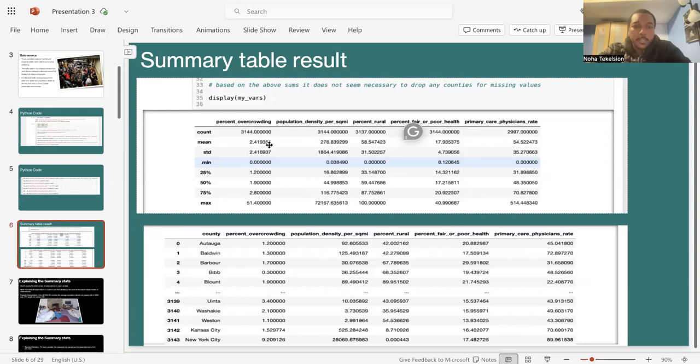The mean, well, we haven't spoken about the percent overcrowding variable yet, but the mean is 2.14. Standard deviation is not large in comparison to the mean. If we go to population density per square mile, the next variable column, we can see the mean is 277, but the standard deviation is 1800.